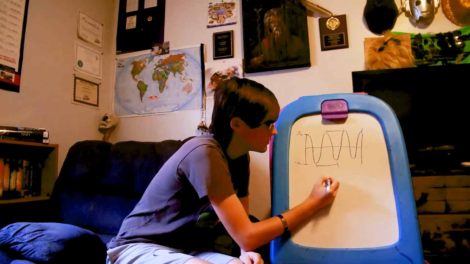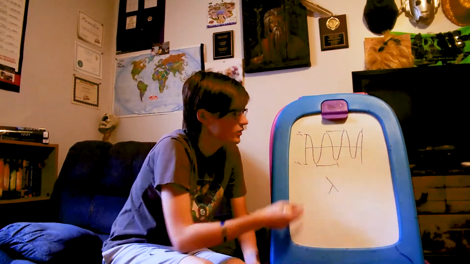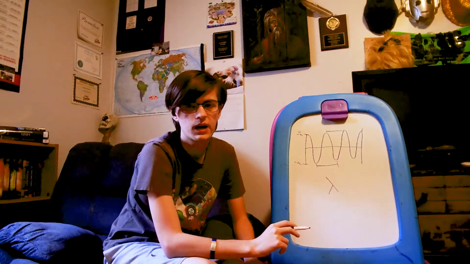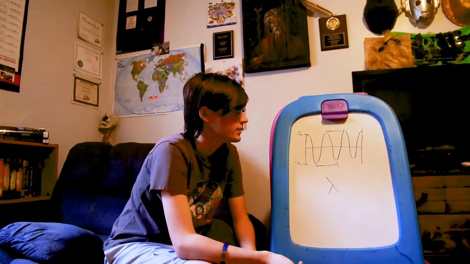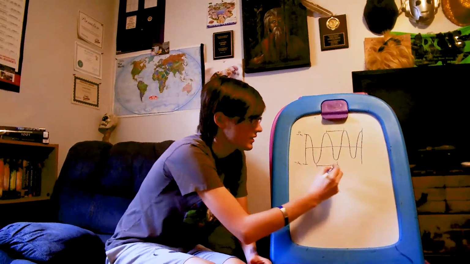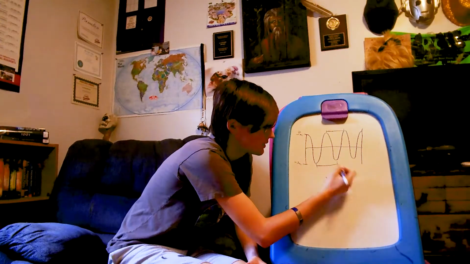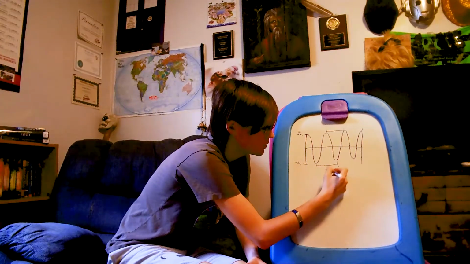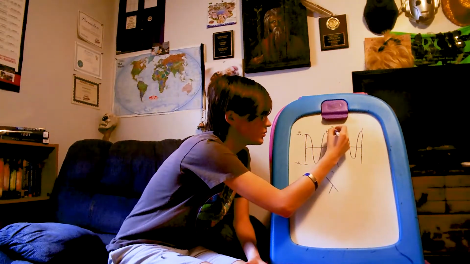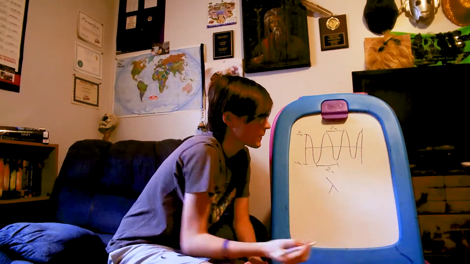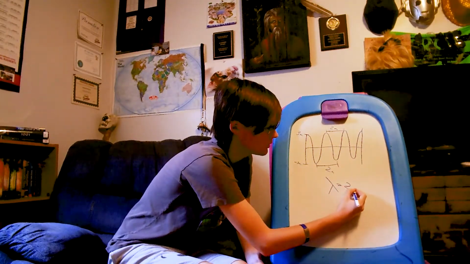I'll write it over here, lambda. It kind of just looks like an upside down backwards Y, and that usually stands for wavelength. So we could say that this is, again, let's use 2 meters, and then this one would be 2 meters. So the wavelength would equal 2 meters.